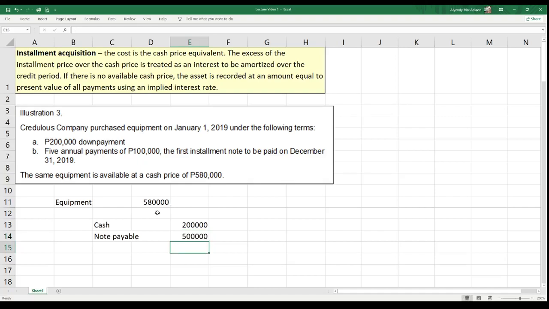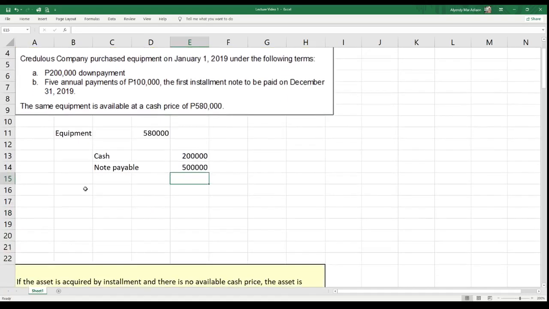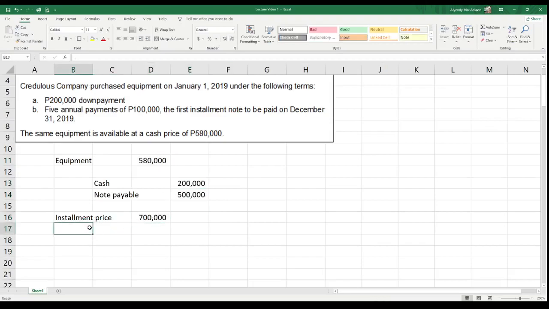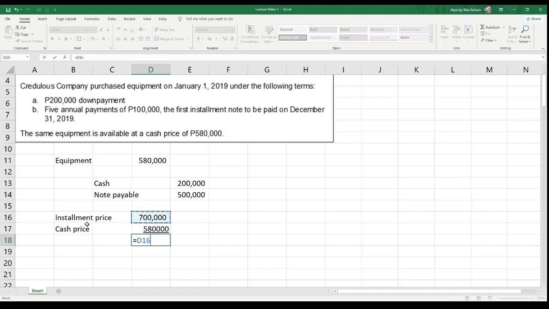So, what is now then the difference? Diba, nag-ingon ta kaganina nga ang iyahang installment price would constitute the 200,000 down payment plus the 500,000 note payable. So, that would give us a total of 700,000 pesos. Now, since the cash price here is 580,000, so again, naa tay na-compute kaganina nga difference, which is 120,000.